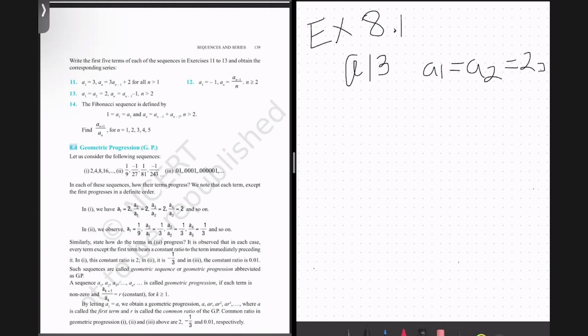And the relationship that has been described is a of n equals a of n minus 1 minus 1, right? So why have we been given the second term separately? That is because the expectation of us was that the first 2 terms in this particular sequence are going to be 2, right?